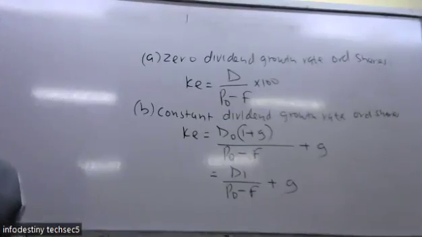So we have said that the cost of the retained earnings will be the same as the cost for the ordinary share, but now there will be no flotation cost.